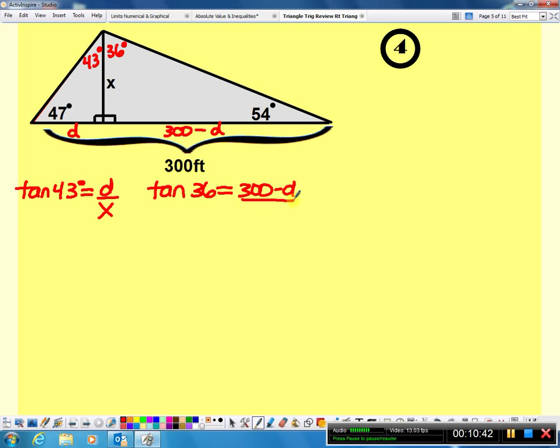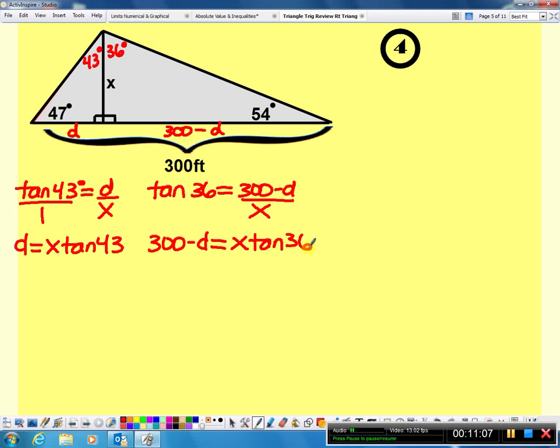Okay, well, this one's going to be more similar to example 1 because I'm going to have to solve a system of equations. So let me cross multiply and say that d equals x tan 43 and that 300 minus d equals x tan 36. So 300 minus x tan 36 equals d.